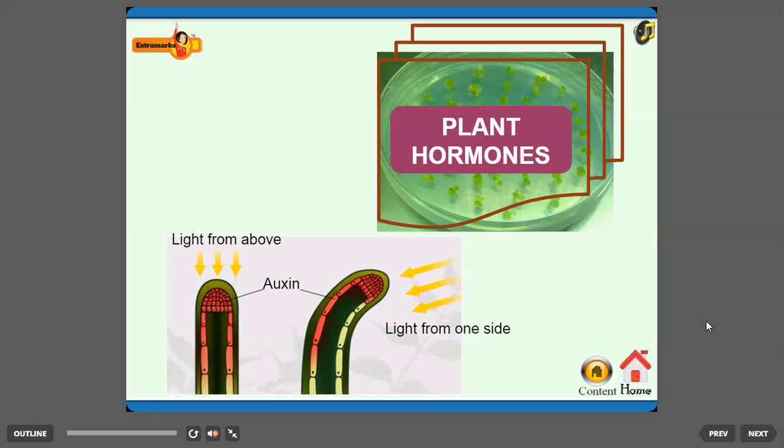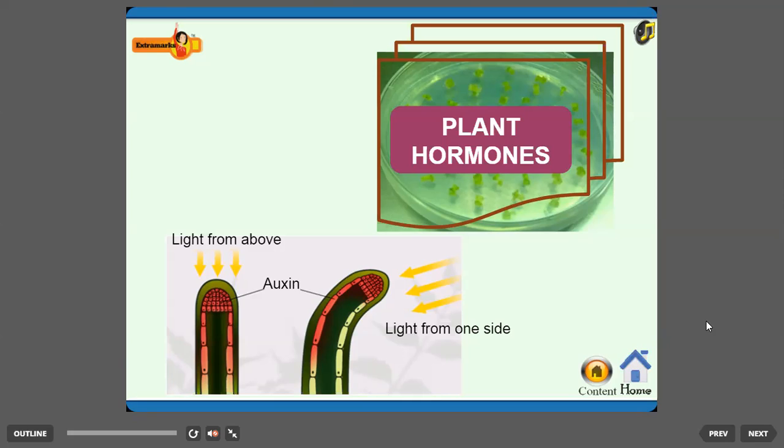There are mainly 5 types of naturally occurring plant hormones or plant growth regulators: auxins, gibberellins, cytokinins, ethylene, and abscisic acid. Now, auxin is our first part. Auxin is the growth hormone which helps the cells to grow longer.